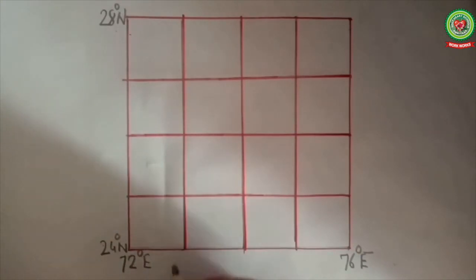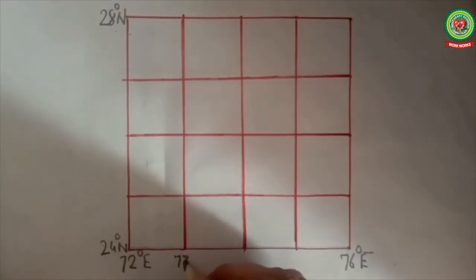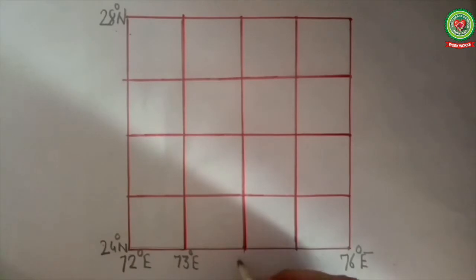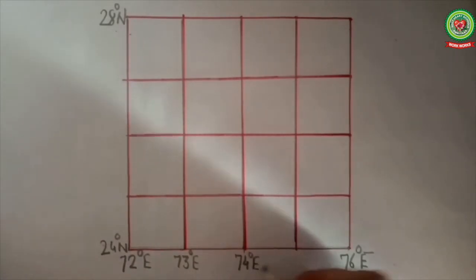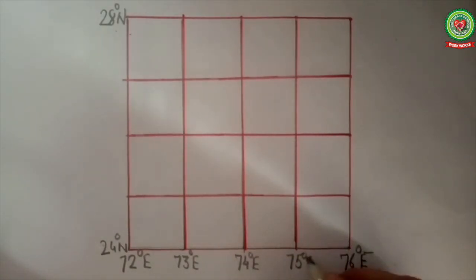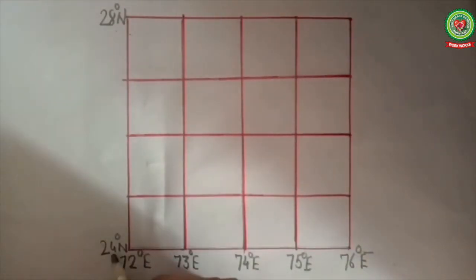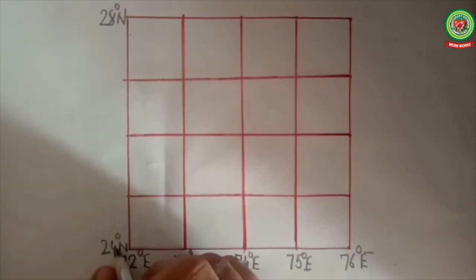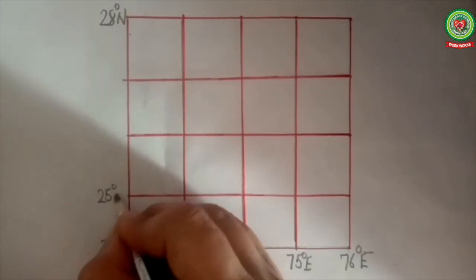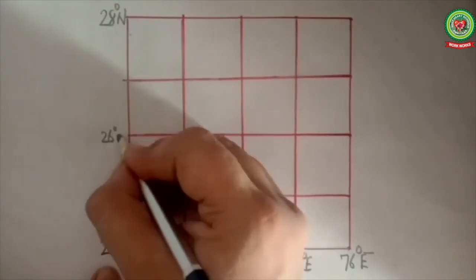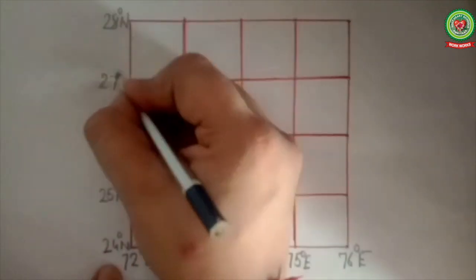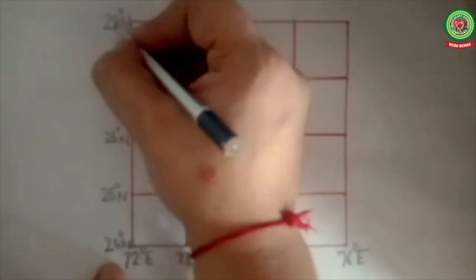So we will divide into 1 by 1 degree sheet now. 72 degree east, 73 degree east, 74 degree east, 75 degree east, and finally 76 degree east. Now latitudes: 24 degree north, 25 degree north, 26 degree north, 27 degree north, and finally 28 degree north latitude.